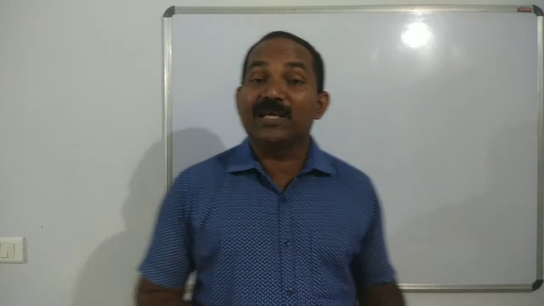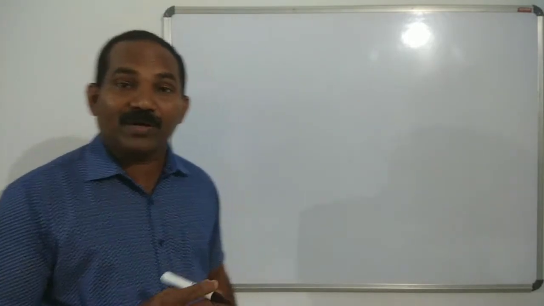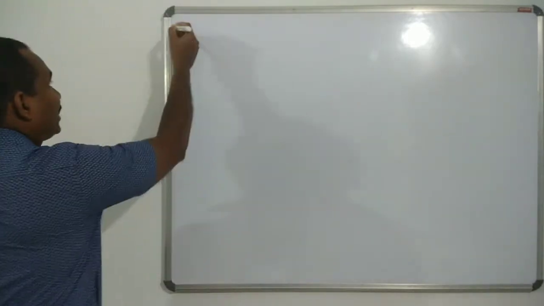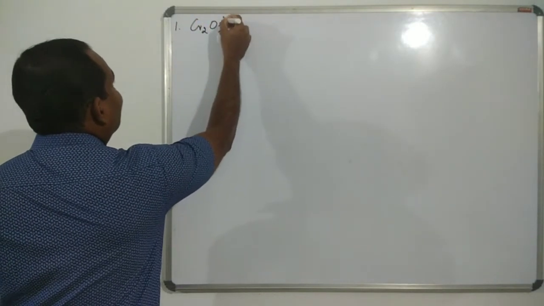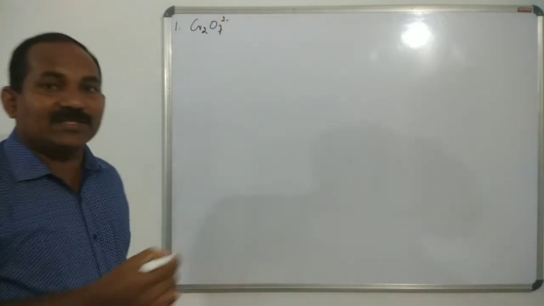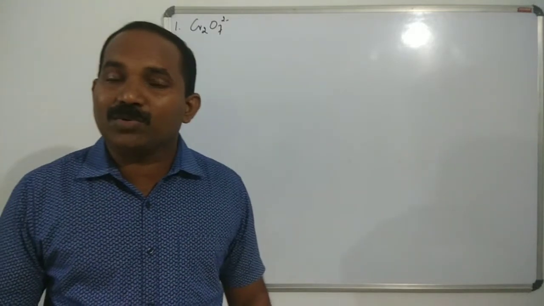Okay, let's discuss the various steps involved in balancing a redox reaction. First step. What is the first step? Write the skeletal equation. You remember, the first step is write the skeletal equation. Cr2O7 2 minus, from potassium dichromate K2Cr2O7.